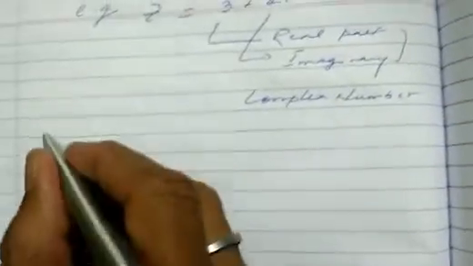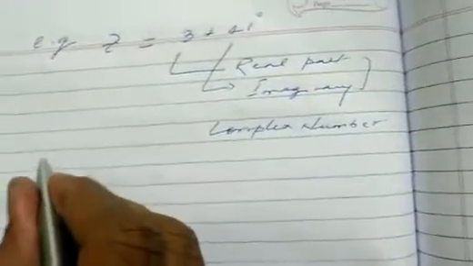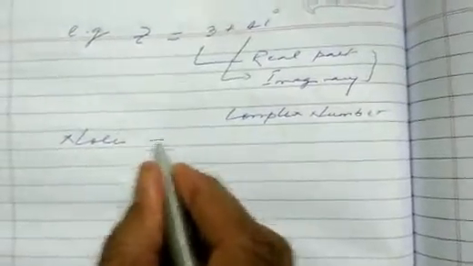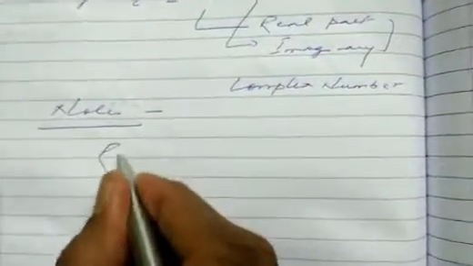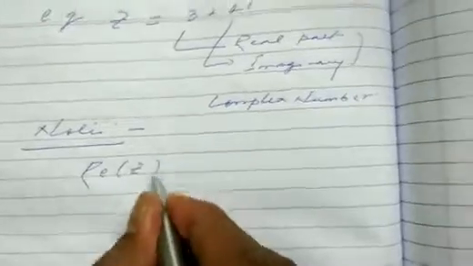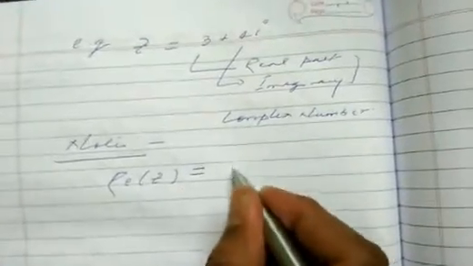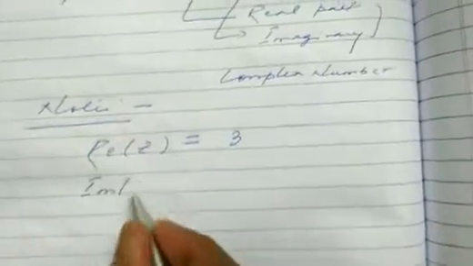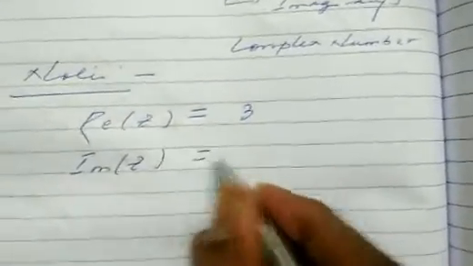But how can we note it in a compact form? We can write Re of z, that means real part of z. Here it is 3, and Im of z, imaginary part of z, it is 4.